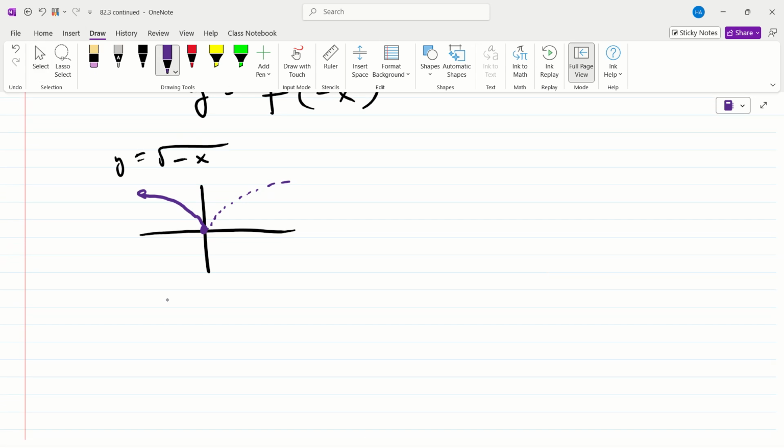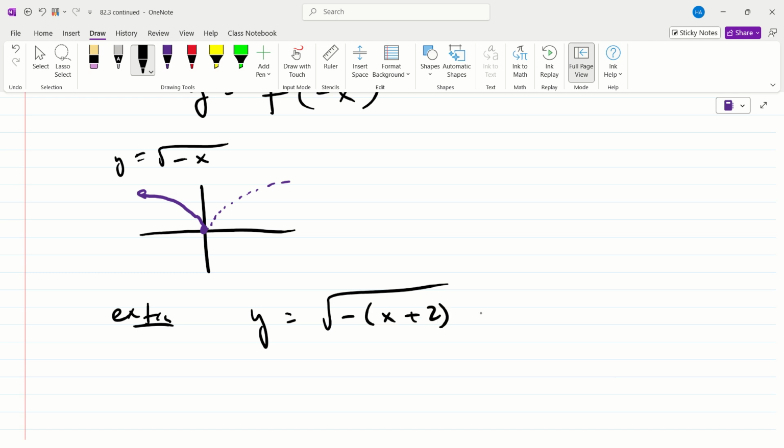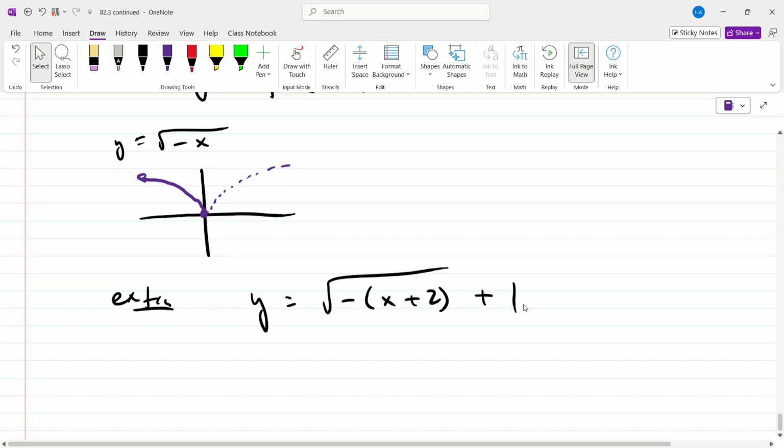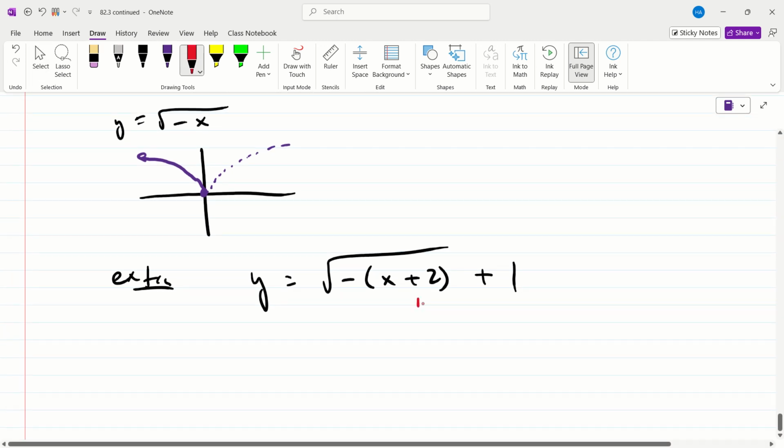Let's try graphing this extra problem. Let's say y equals the square root of negative x plus 2 plus 1. So again, to play it safe, I'm going to tell you, work out from the x.